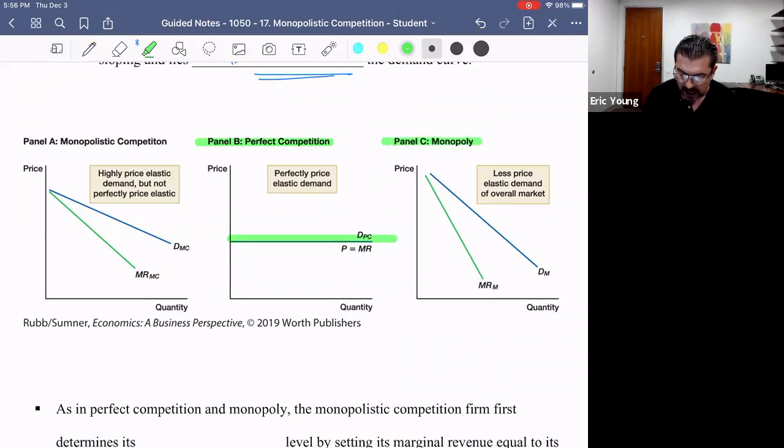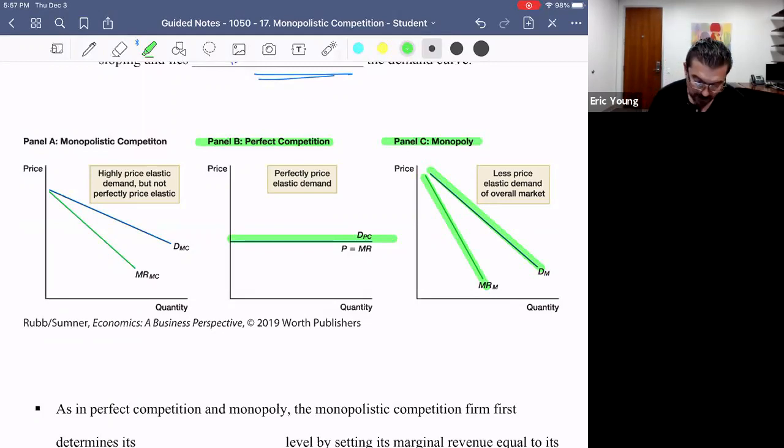We then learned in Monopoly that because of market power, the monopoly firm's demand curve is the market demand curve. Going to be downward sloping with MR under it. But critically, because the monopoly was the whole industry, the one firm was the market, the elasticity was a little bit different. And it had a much steeper demand curve.